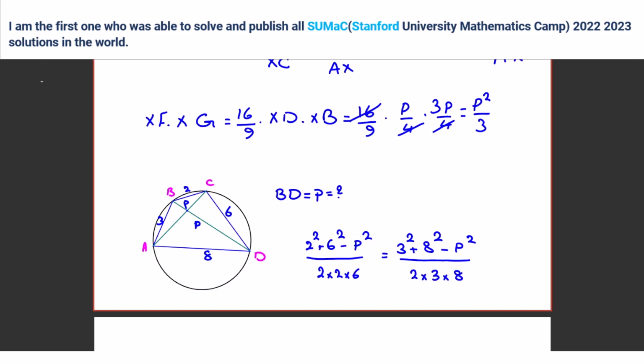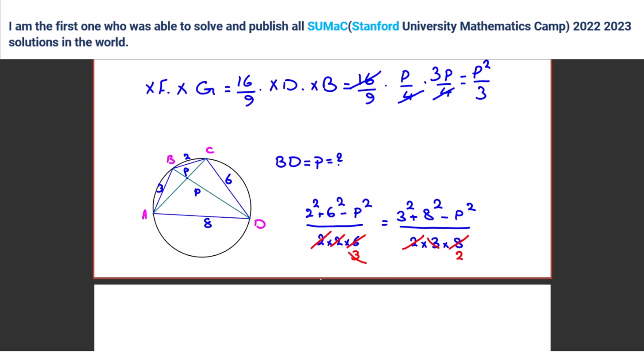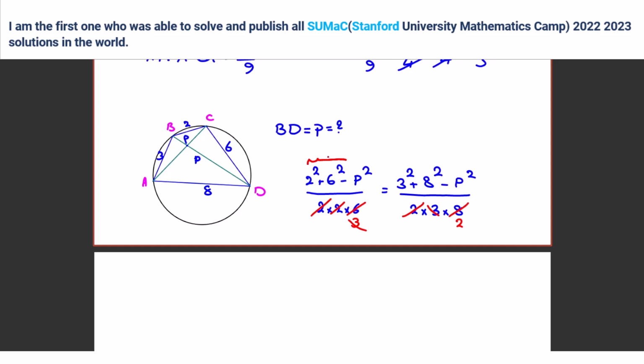Yeah. Then you can cancel 2, 2, 2, 6, 3, 4. 4 plus 36 is 40. 9 plus 64 is 73. Yes. So 2 times 40 is 80 minus 2p squared, is equal to 73 minus p squared.